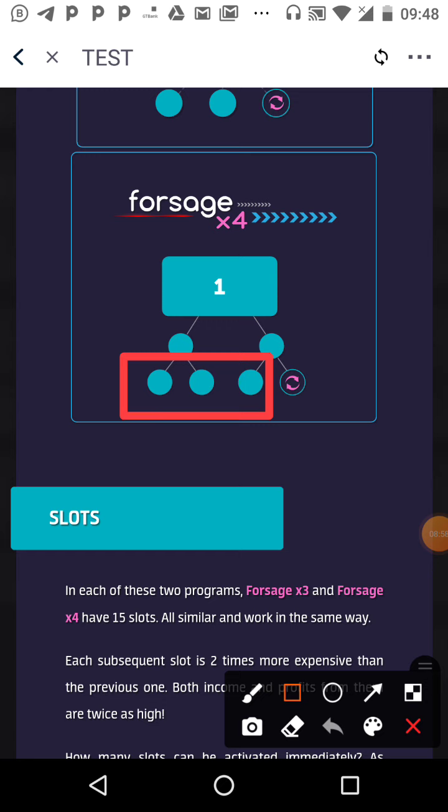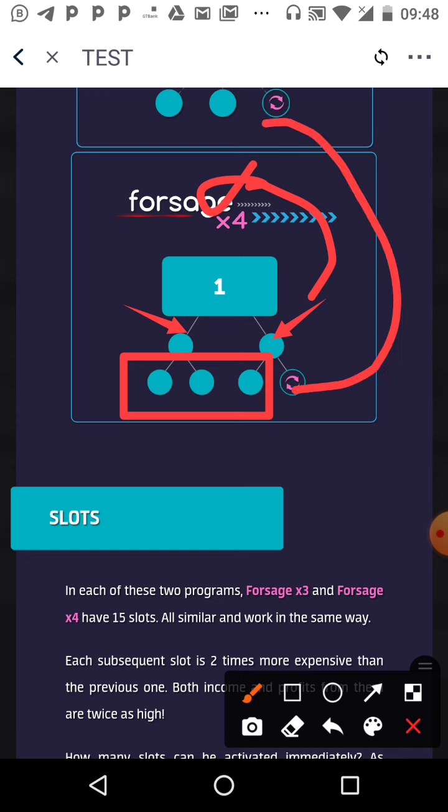This 3 goes to your wallet, while this goes to your upline, and also this reinvests you back into the system. This goes to your upline most times. All right, I hope you understand that.